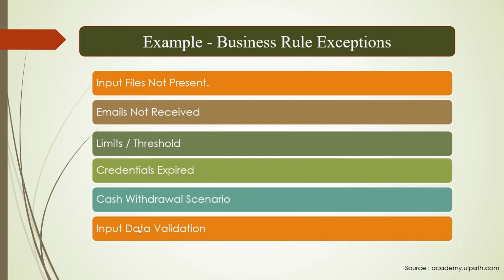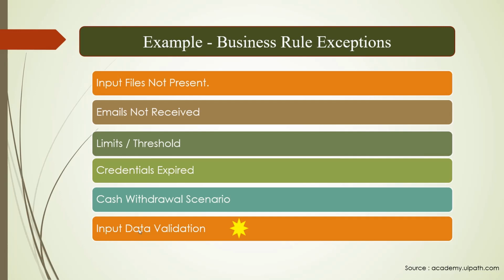Input data validation. You have data which you have to validate, and after validating the data you have to generate an exception. For example, the business is inserting some data, and you are expected to get a first name but you are getting a phone number. You are expected to get a name but you are getting some number like 1 2 3 4 5, or a number in double quotes or anything, right?